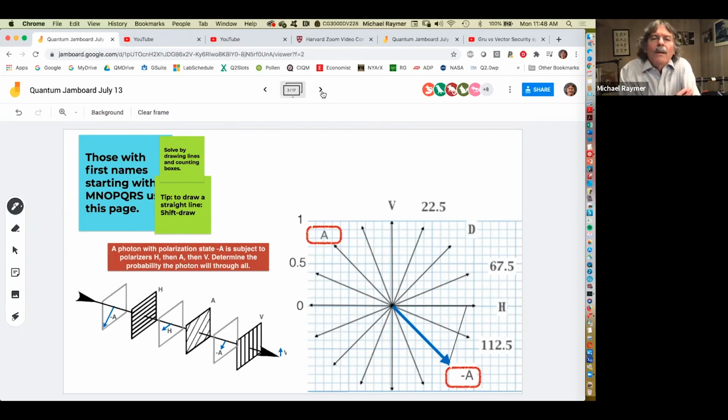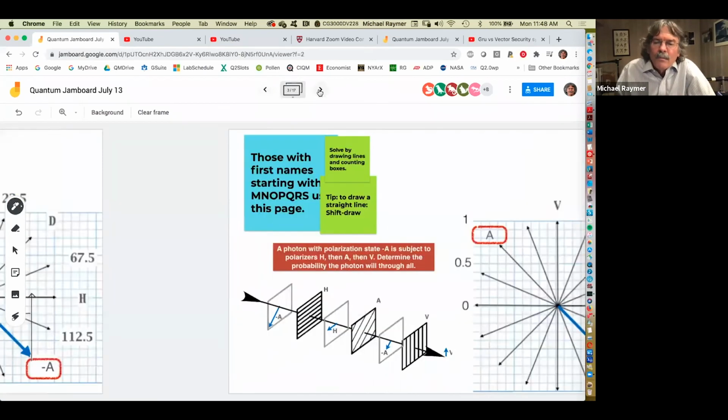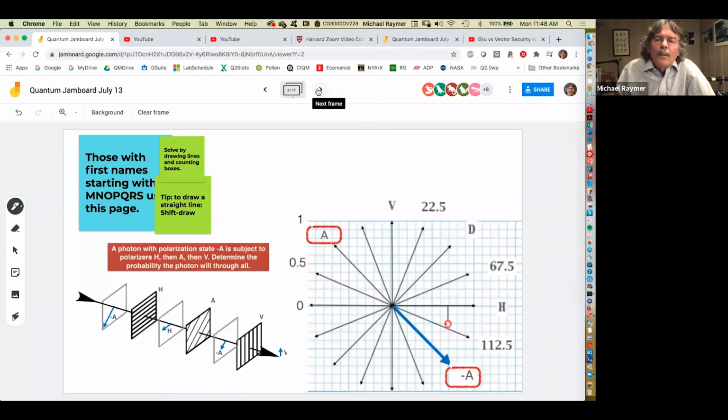So try that again. Page 3, that is correct. Now draw a line from that intercept point on the H axis using a right angle to project down onto the blue A axis.